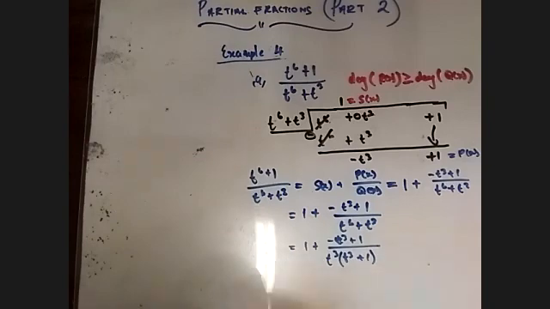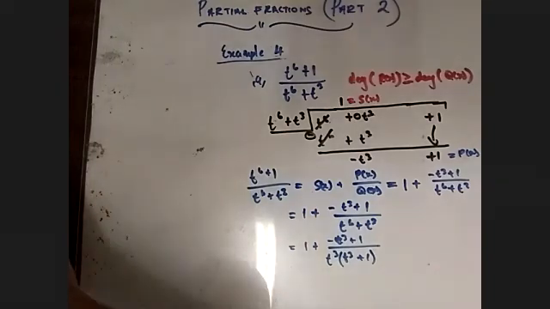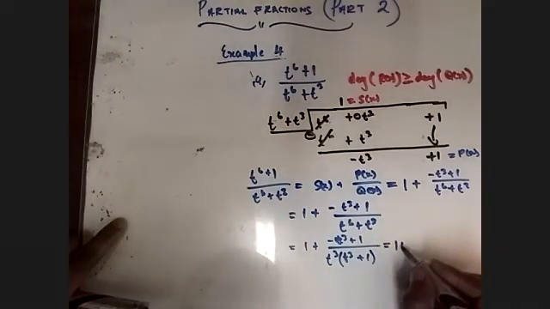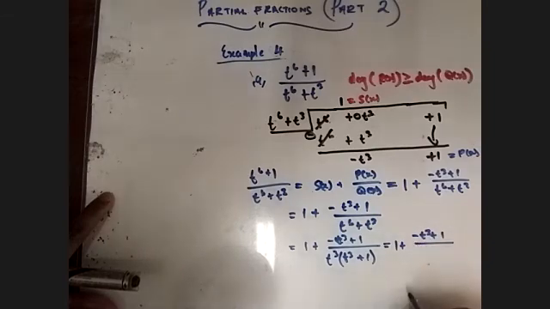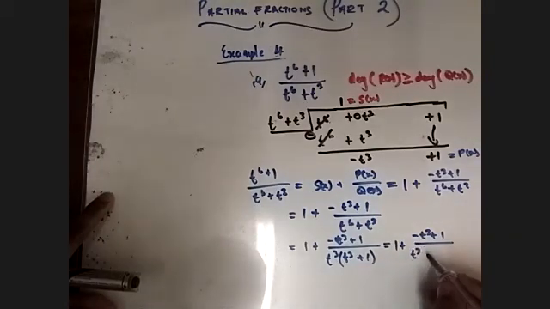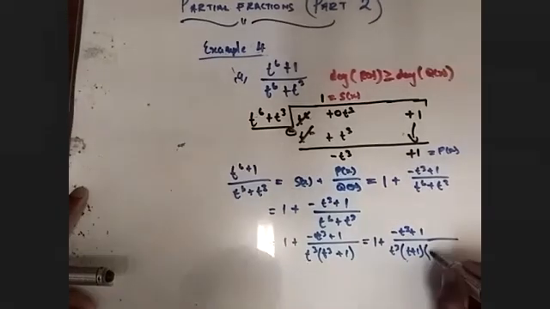This one is called the identity rule of cubic functions. So what we're going to have here is 1 plus negative t cubed plus 1 all over, now this becomes t cubed, and then we're going to have t plus 1. How we factorize this is t squared minus t plus 1.